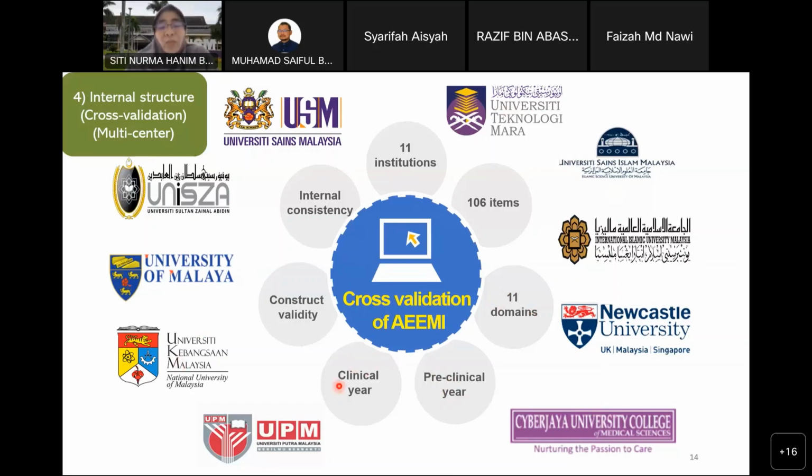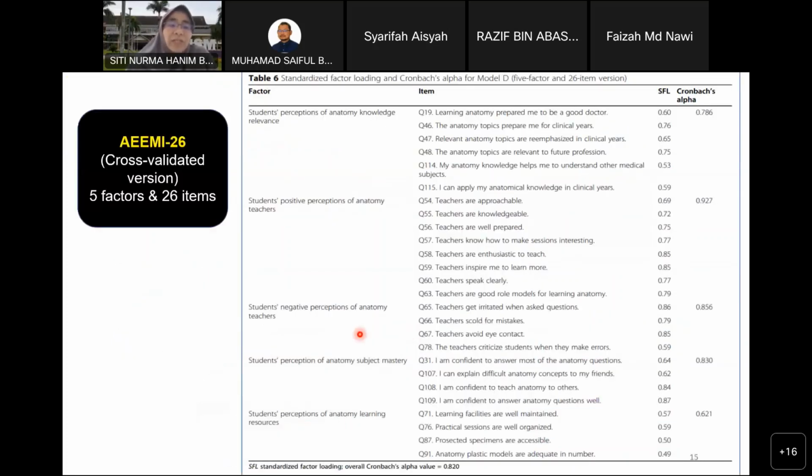The reason we also distributed it to clinical year students is that we want to include the generalizability of the instrument. We conducted the construct validity measures again, and also internal consistency, and found that AEEMI is now best fit by 5 factors and 26 items. So this is the cross-validated version, a little bit different, with 5 factors and 26 items.